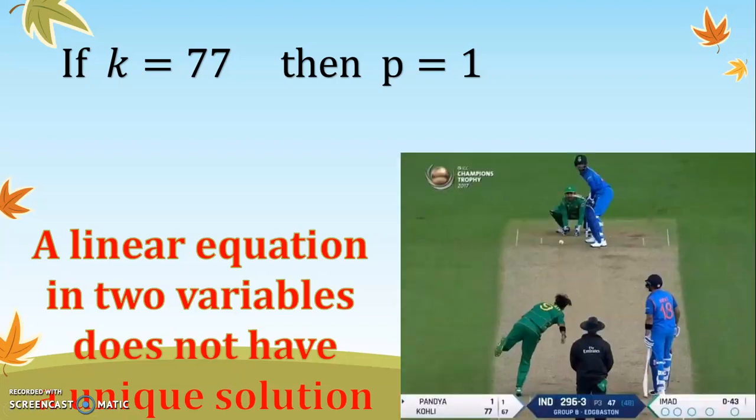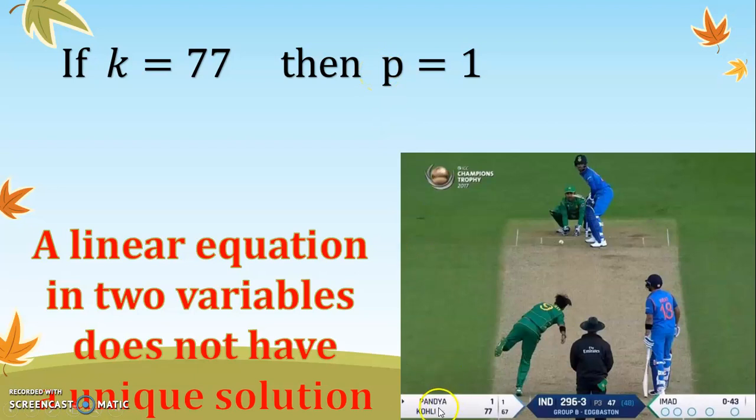Because in a linear equation in one variable, there was only a particular value for x, which we substituted in the equation and it would make the equation true. But in the case of a linear equation in two variables, it need not be the case. Suppose if k is 77, then p is 1.